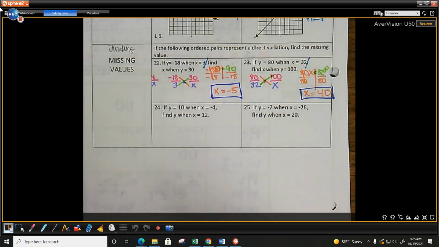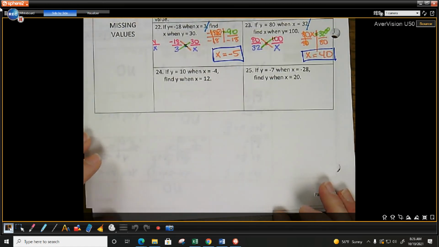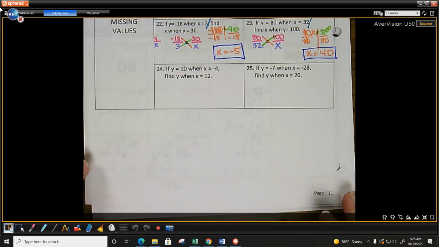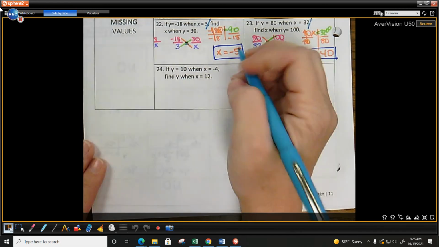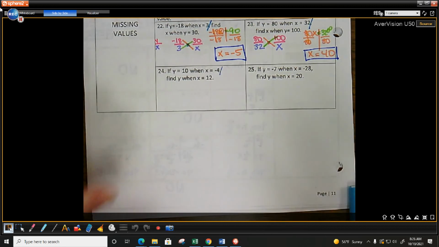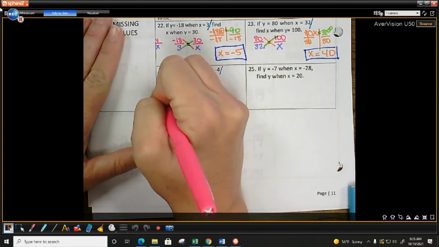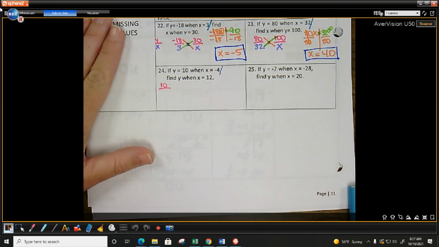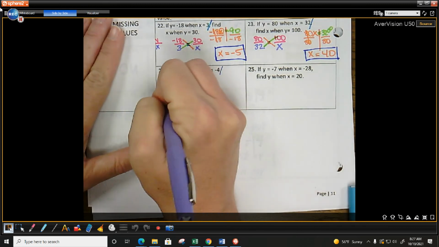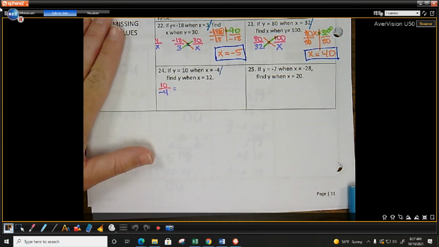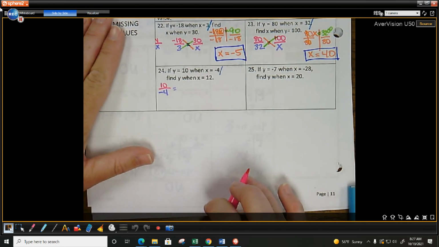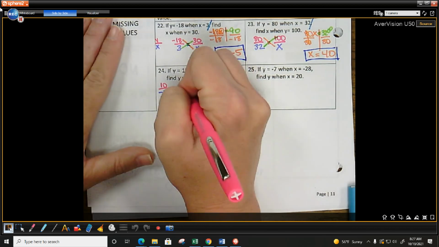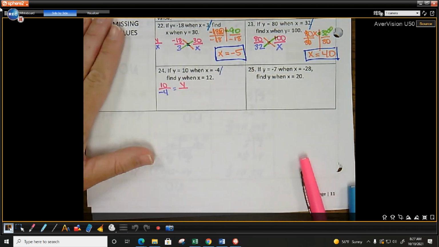Okay, next, 24. If y is 10 and x is negative 4, set up your fraction, y over x. So 10 over negative 4 equals what? Y over 12. Y goes on top.